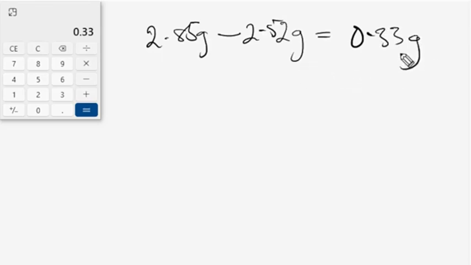So the copper is 2.52, and the oxide is 0.33 here.